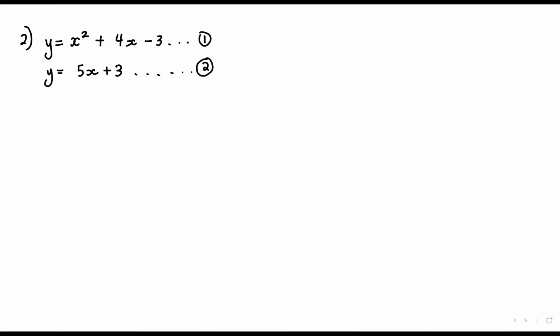So again, they're both equal to y, so you equate the equations, right? So you'll say 1 is equal to 2, meaning that x squared plus 4x minus 3 is equal to 5x plus 3. So then you want to group all your terms on one side so that the equation is equal to 0.